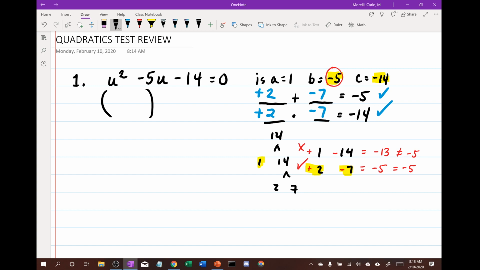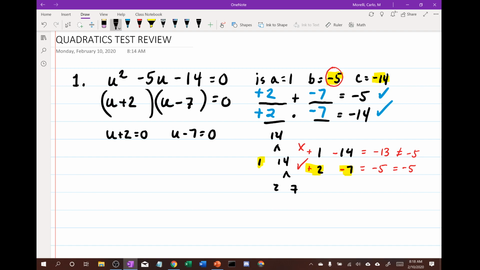Open parentheses, close parentheses, open parentheses, close parentheses, equals 0. u plus 2, u minus 7. Make sure to shout out if you don't get it. u plus 2 equals 0. u minus 7 equals 0.